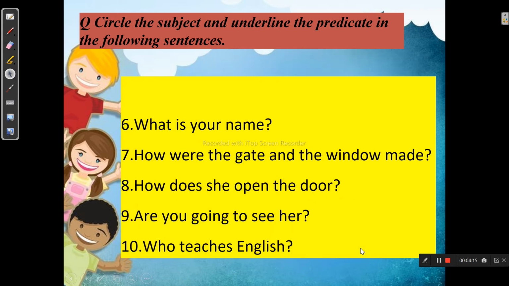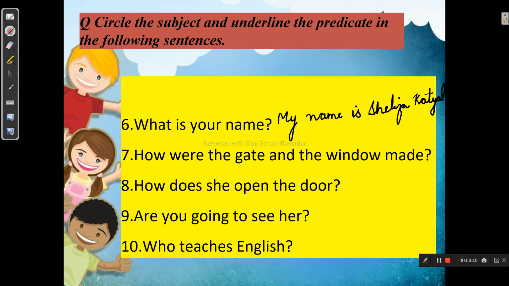Okay, coming to sixth sentence. What is your name? So let's try to answer this question. If I write my name is Shaliza Katyal, right? So whom am I talking about in this sentence?